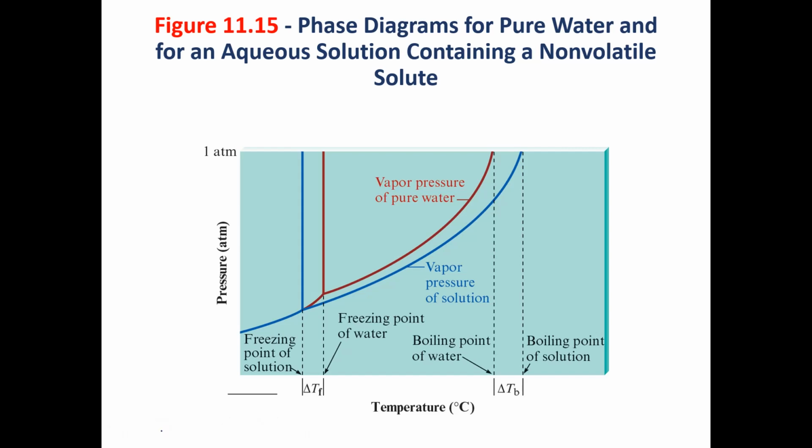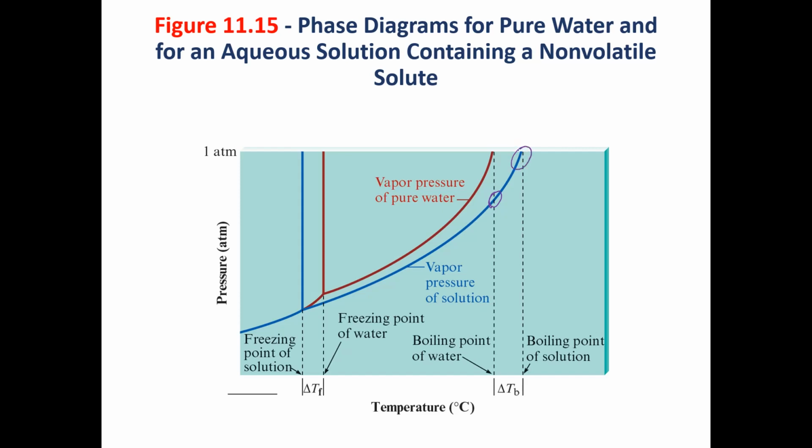So for example, if you look at a graph of the pure freezing point and boiling point of a solution, if we look just at the boiling point for now, if we had just pure water by itself, this would be our boiling point.